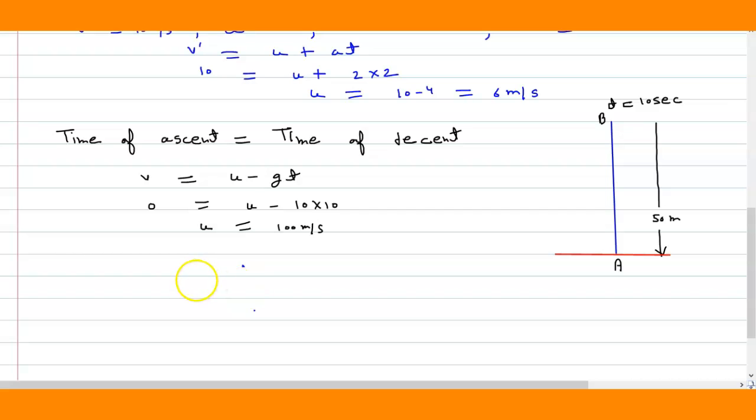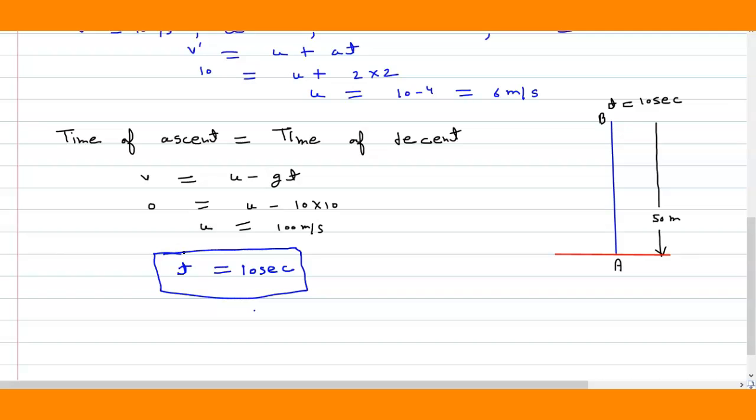It means that it takes the same time. Then t is also 10 seconds. When it comes to the ground, it takes the same time. It means that the answer is 10 seconds.